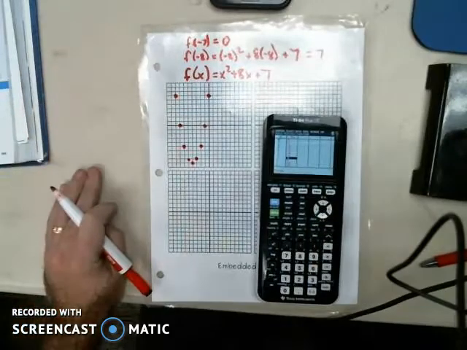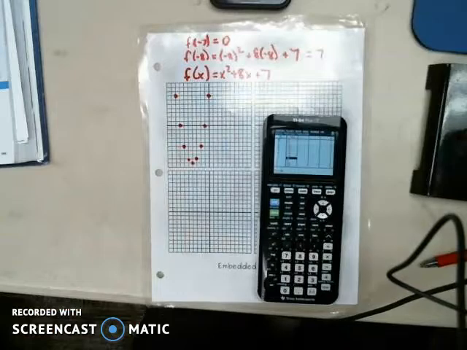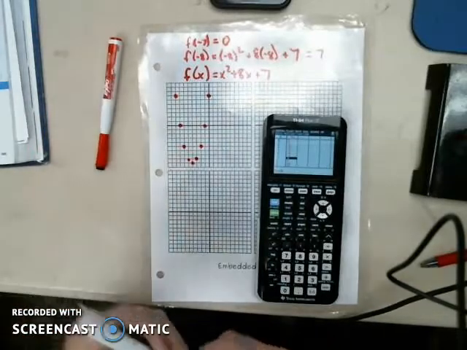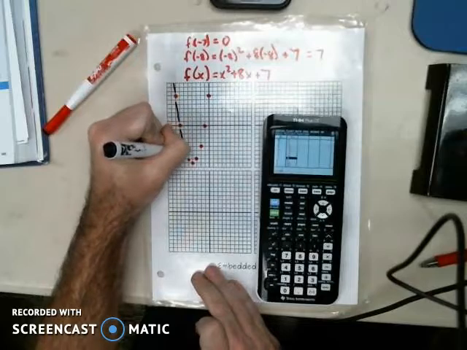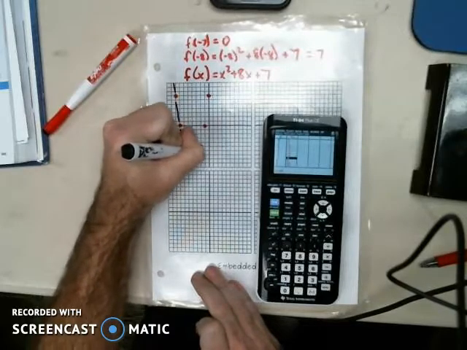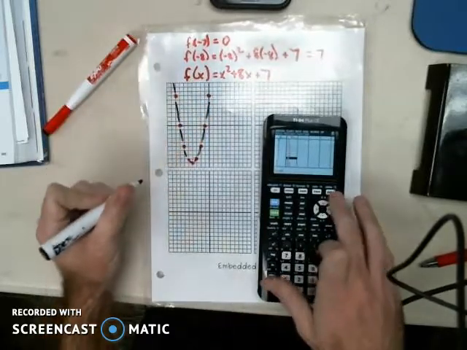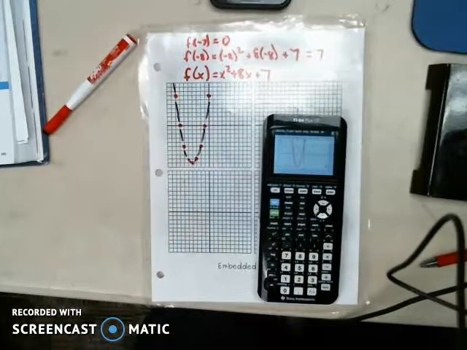Okay, what we get here is that shape, right? And if I wanted to now, I could just connect the dots. Imagine this coming here, connect the dots here, and I see that I've got the shape that my calculator gives me when I hit graph.